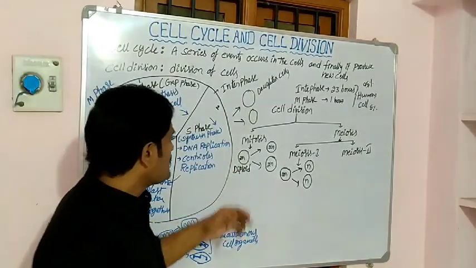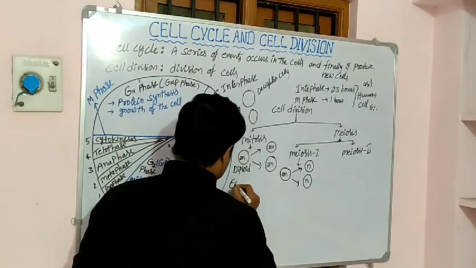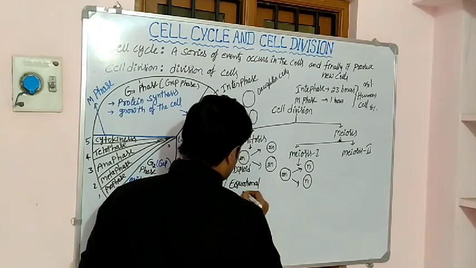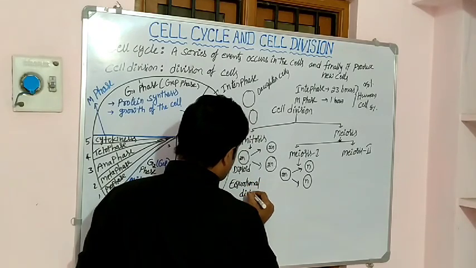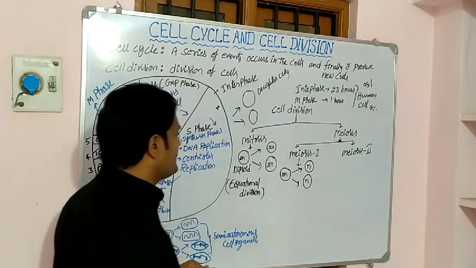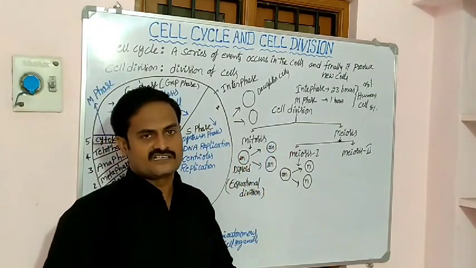And mitosis is which type of division? Equational division. Remember, it is equational division because they give an equal number of chromosomes to their daughter cells.